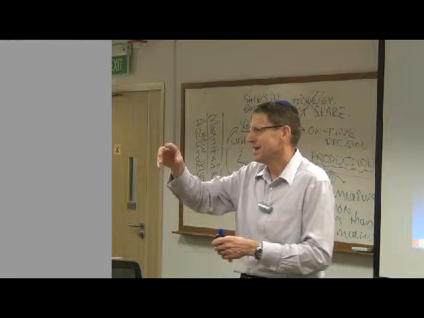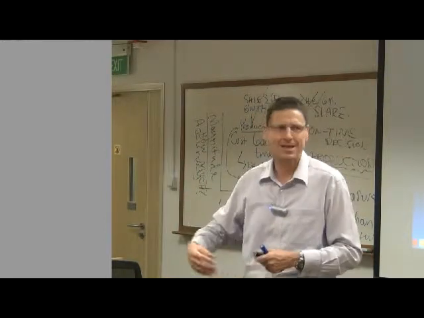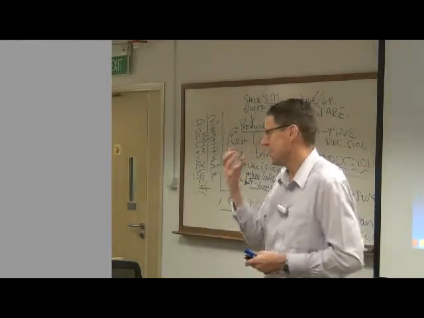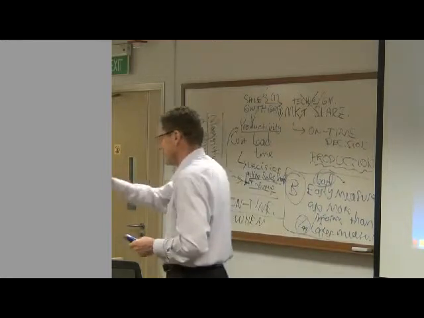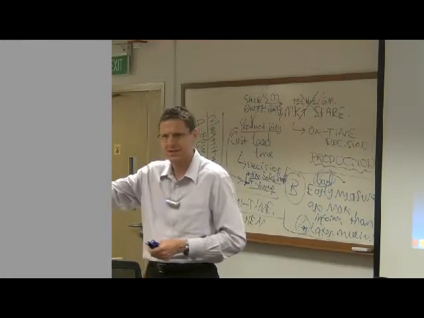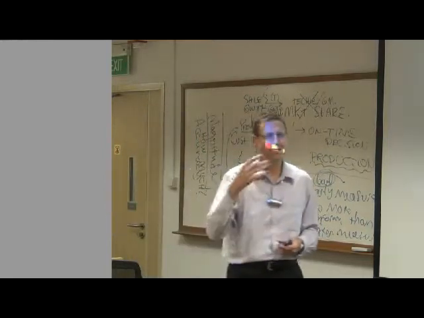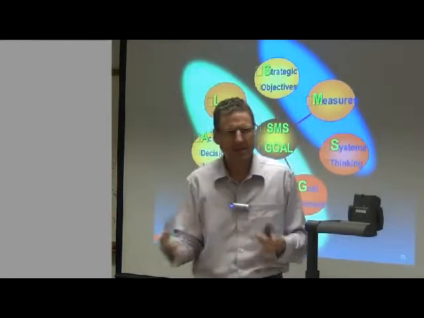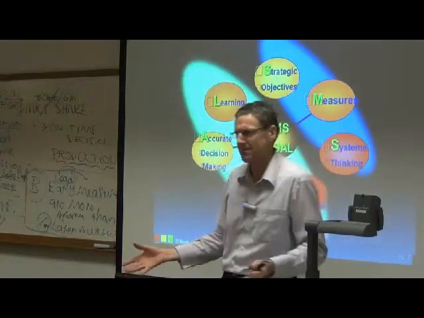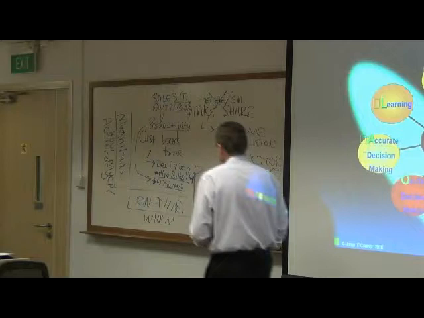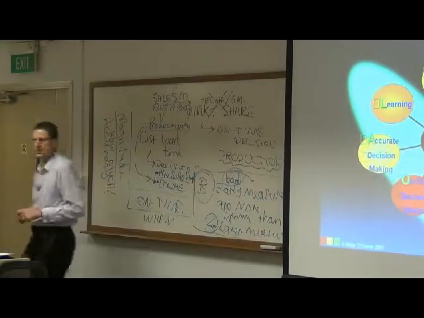So the learning is that secret feeling of knowing the connections between what the measures are telling you and the outcome. Learning is all about making you more aware of the system, that hidden thing that you don't see. Okay, so let's just finish there with that.